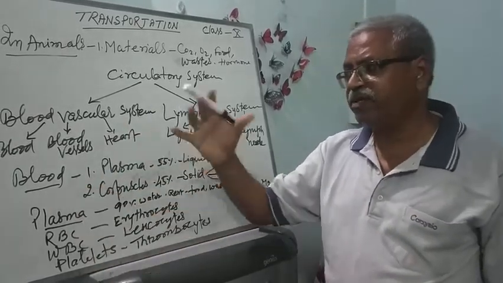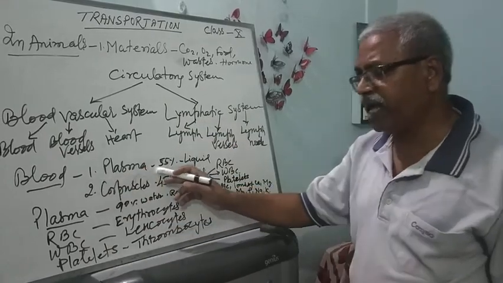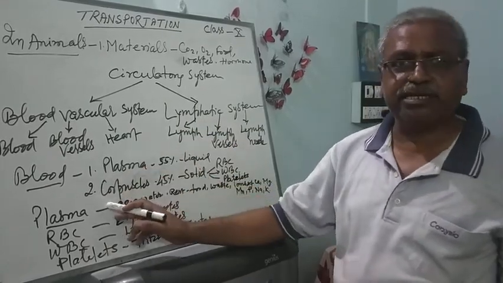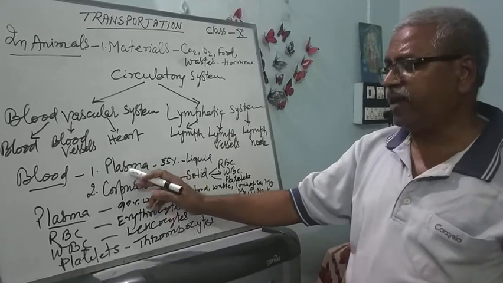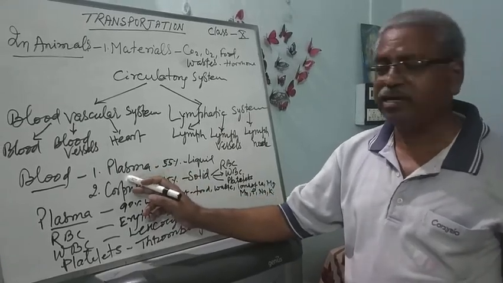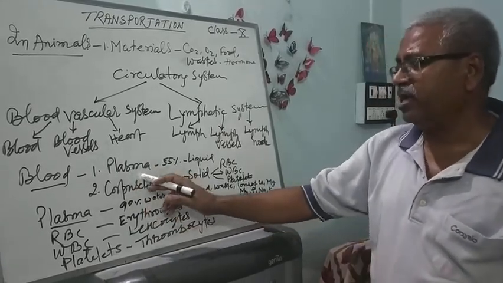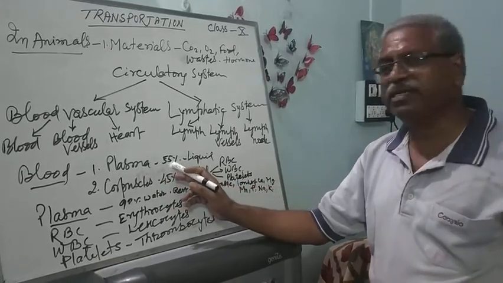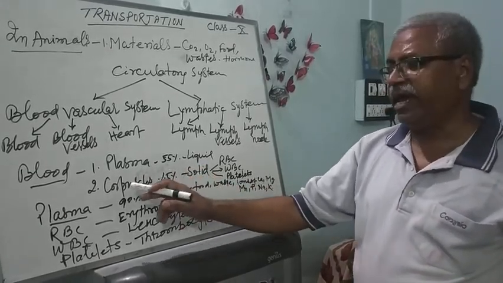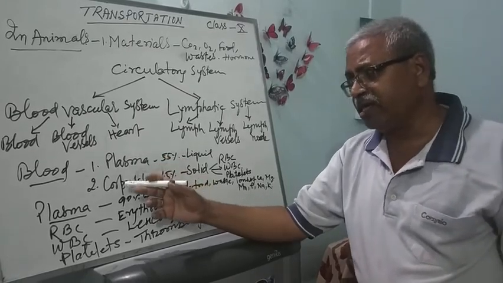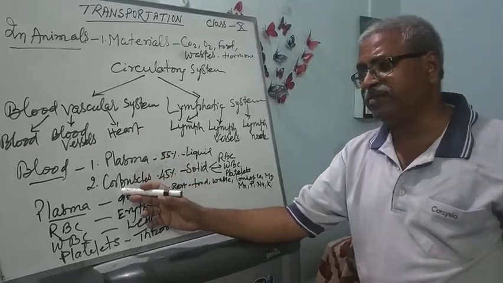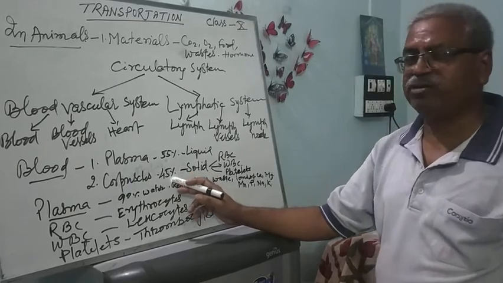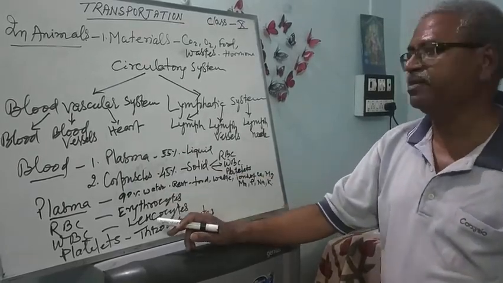It consists of plasma and corpuscles. Plasma is the liquid part which comprises 50% and corpuscles form 45% of the total blood volume.